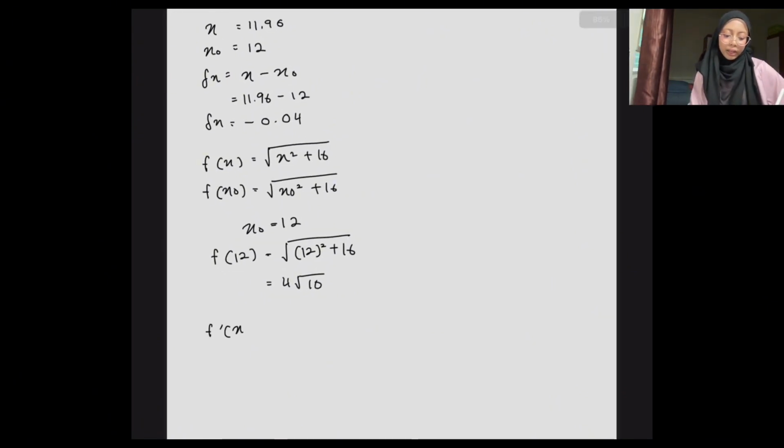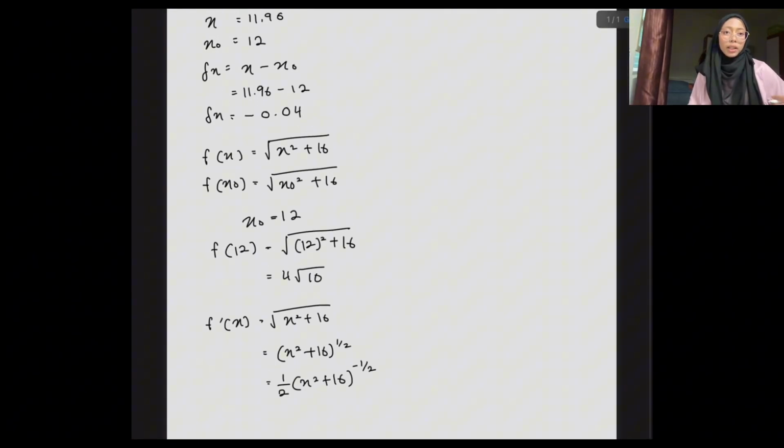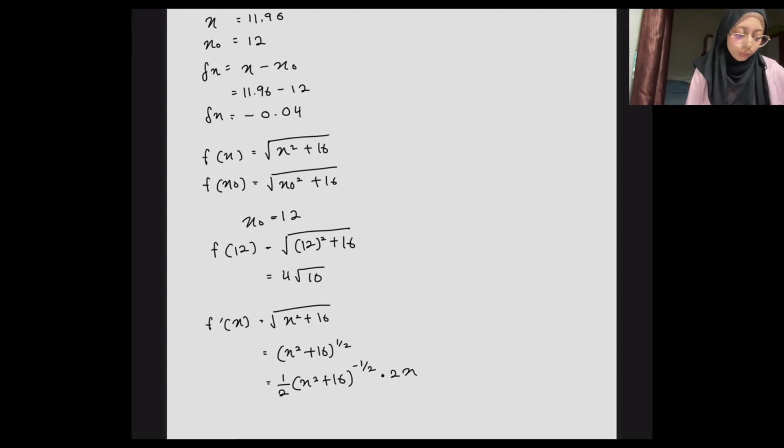And next, we need to find f'(x). So f(x) equals the square root of x² + 16. So change the root to a power, so it will become (x² + 16)^(1/2). And bring the power to the front, and it will become 1/2 (x² + 16), and the power will become negative 1/2. And we need to multiply it with 2x. Where and how did we get 2x? Let me show you. We just need to differentiate x² + 16.